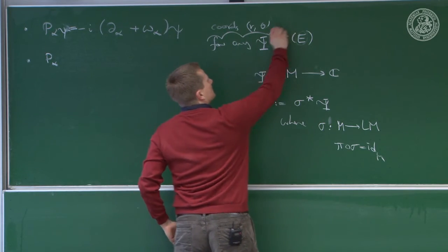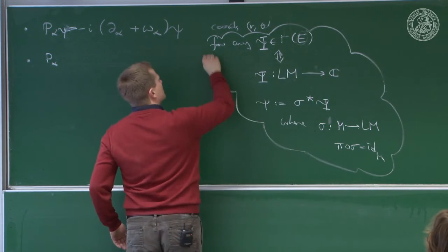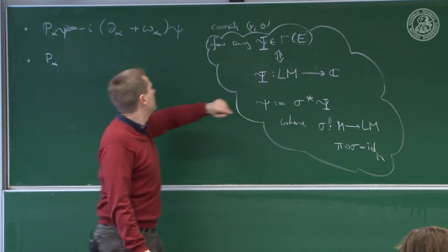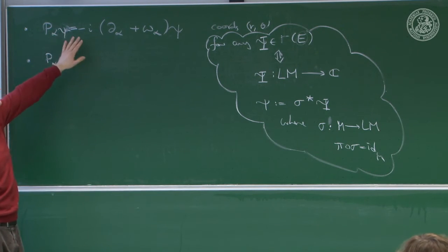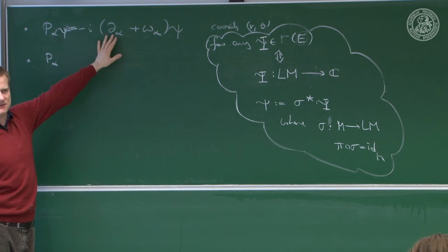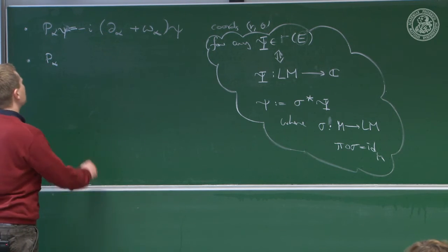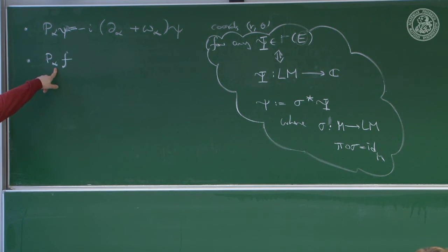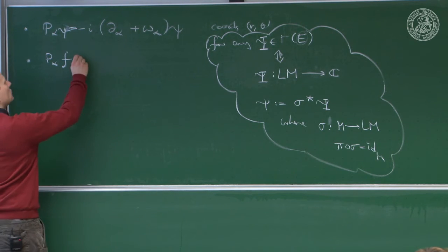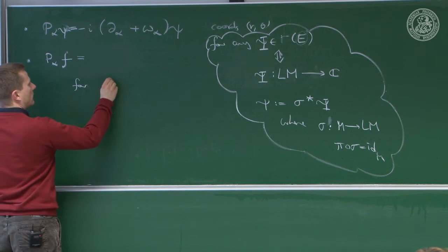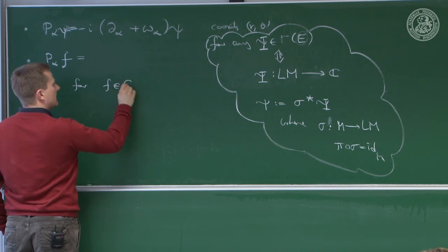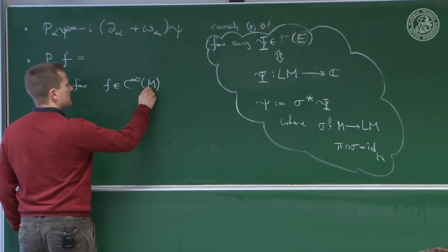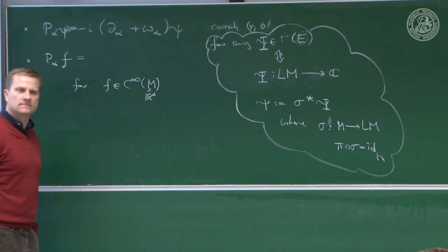So I put this in the cloud because when we later on want to make the transition to this, we'll have to take into account what this psi is. But the moment we treat it like this, it's being derived by the covariant derivative. Now, however, what would happen if we apply the same momentum operator to a function f which now really is a smooth function on the base space, which we can say is R^d as a manifold, okay?